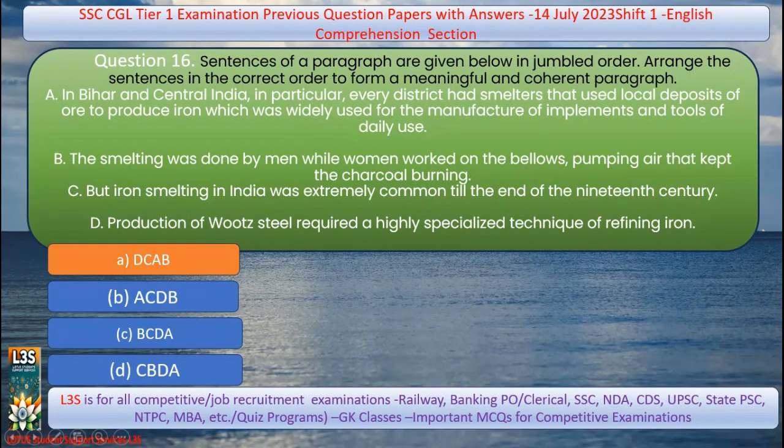Then in Bihar and central India, in particular, every district had smelters that used local deposit of ore to produce iron, which was widely used for the manufacture of implements and tools of daily use. Then the smelting was done by men while women worked on the bellows, pumping air that kept the charcoal burning. So this is the correct order.